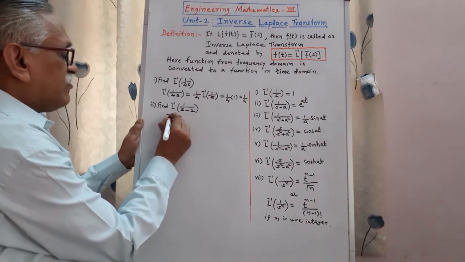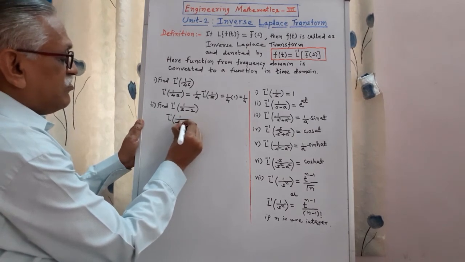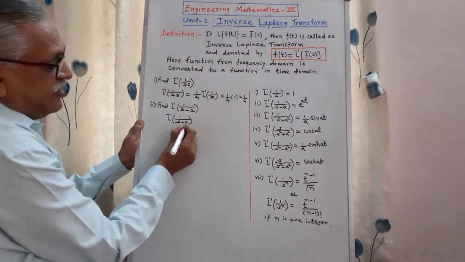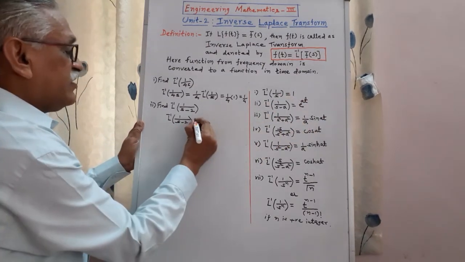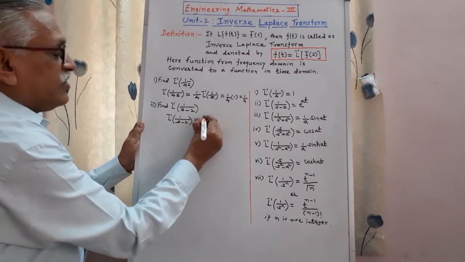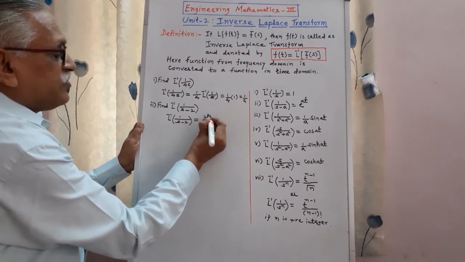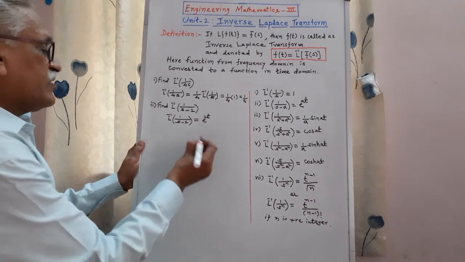Inverse of 1 upon s minus 2: here it is a with negative sign, in that case it is e raised to at, and as per that, a is here 2, and therefore it is e raised to 2t as its inverse Laplace transform.